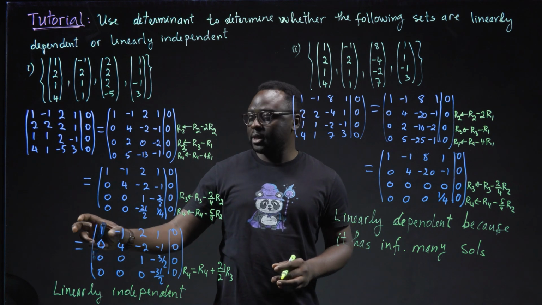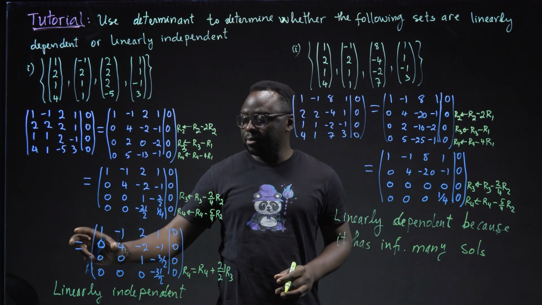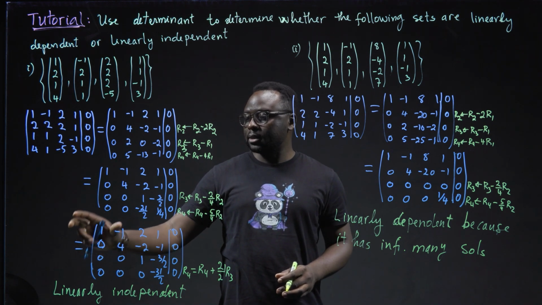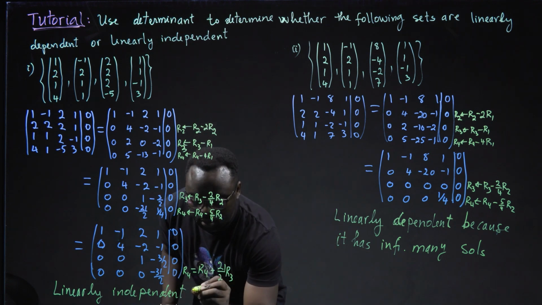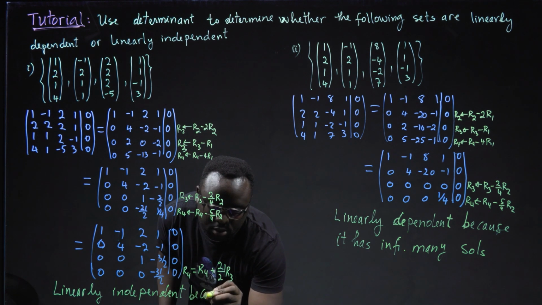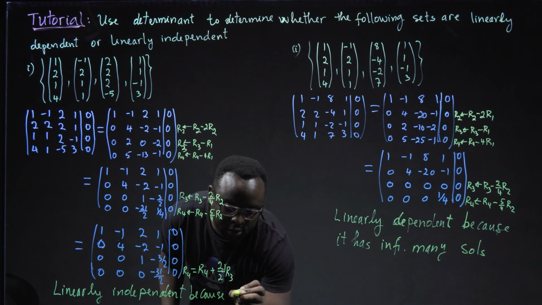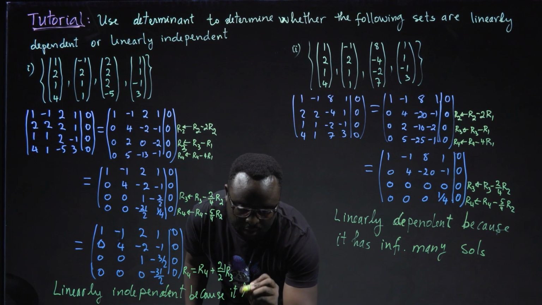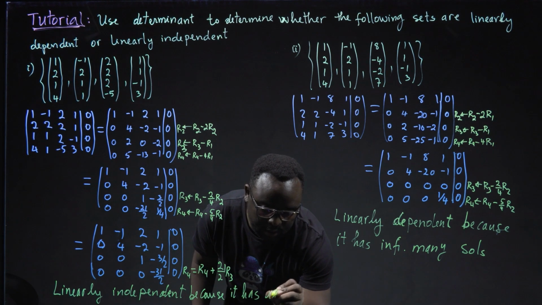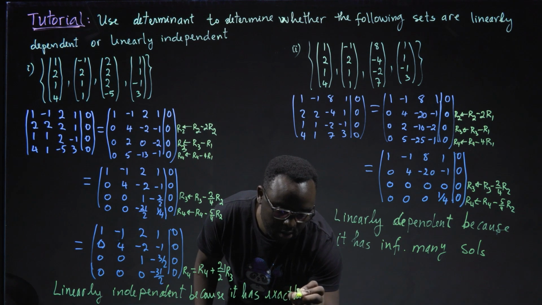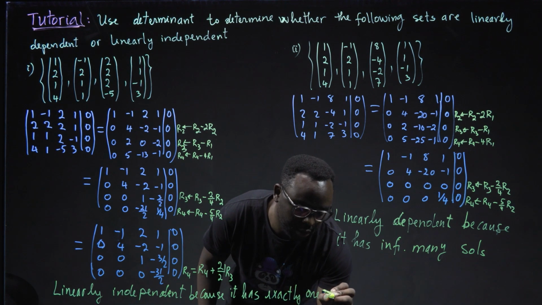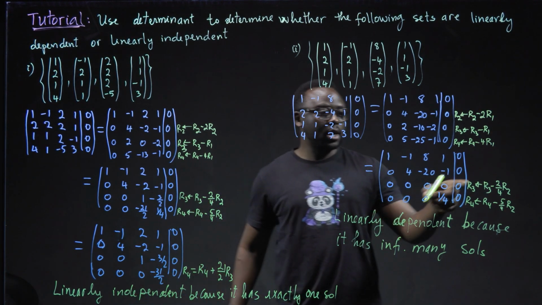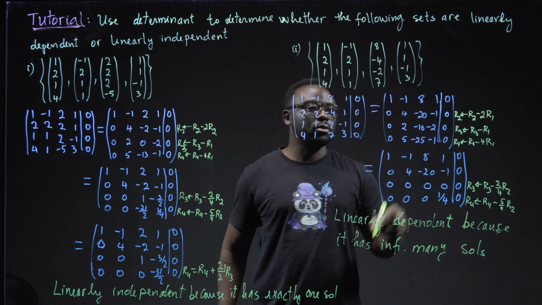And remember here we said the system was linearly independent because it has exactly one solution. So I can write it here, because the set has exactly one solution. So in this case, but here it is infinitely many solutions.